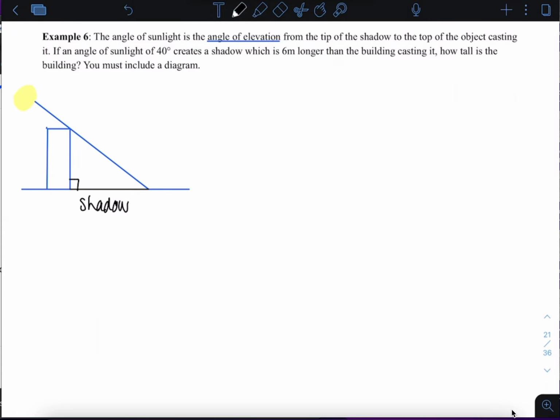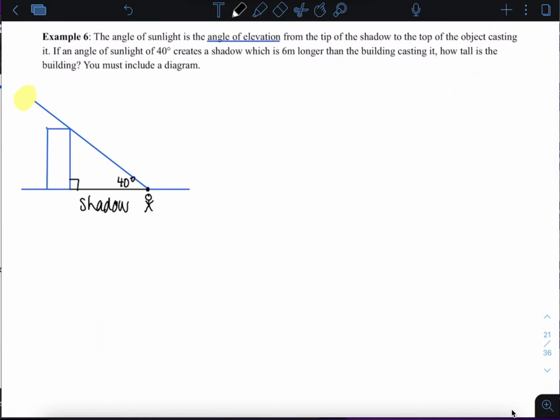So one more time, the angle of sunlight is the angle of elevation from the tip of the shadow, so this is the tip of the shadow, to the top of the object casting it. So essentially, what we're saying is the angle of elevation is this one right here. If there was a person standing at this place, how far would their chin have to move up to see the sun?